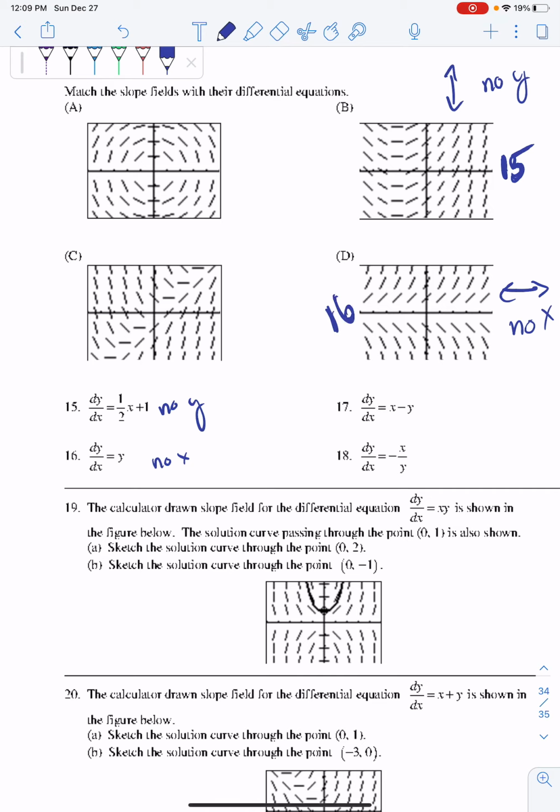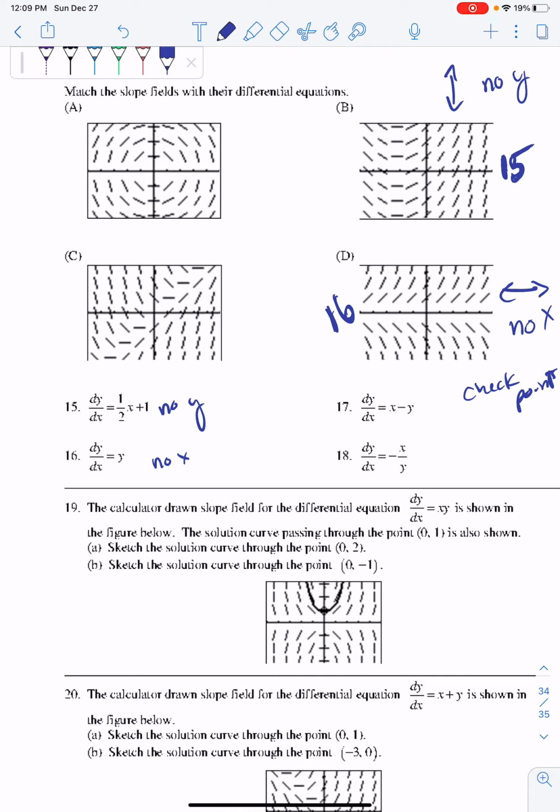All right. And then I'm left with A and C. And both of them change. As I go up and down and left and right, the slopes are changing. So I have a couple of options. The easiest way to do this is to just check, because it gives me my slope function, I can just check points. So for example, let's plug in something, let's pick a point.